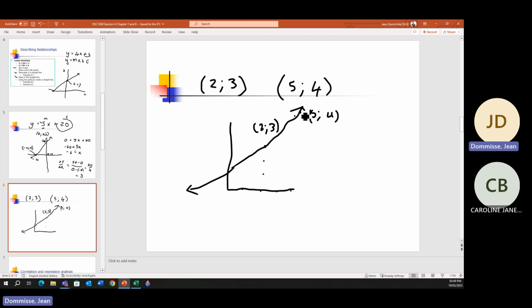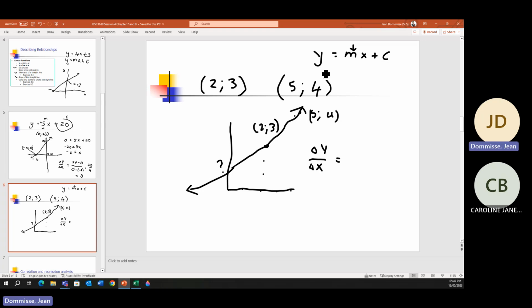We know that point. We know that point. We don't know where it is going through. But what we know is this is my normal formula. I know now, because I've got 2 points, that I can work out what my slope is. So my slope is the change in y over the change in x.